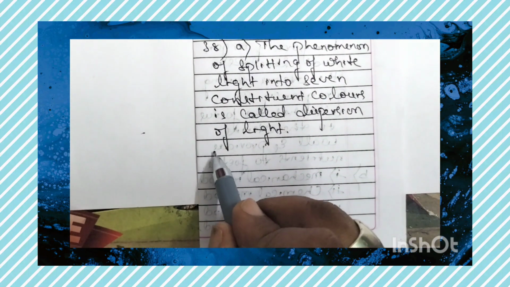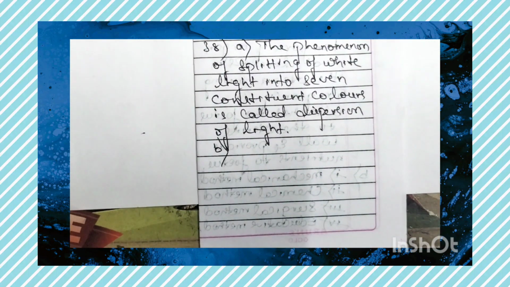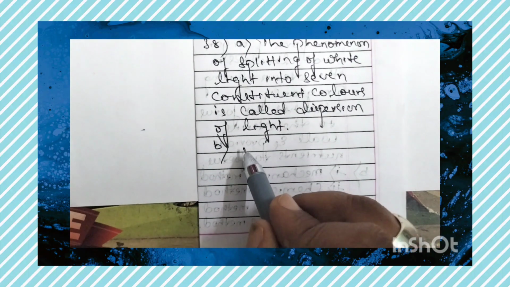Then in that one only one more question he asked, and that question is describe the formation of rainbow.